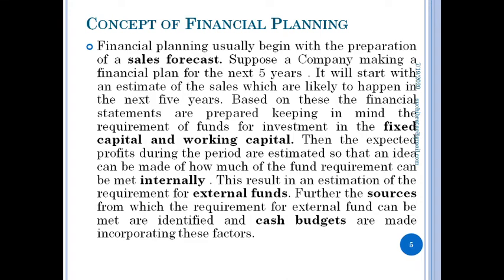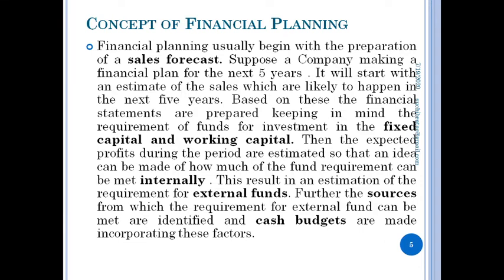Based on this, the financial statements are prepared keeping in mind the requirement of funds for investment in the fixed capital and working capital. Then, the expected profits during the period are estimated so that an idea can be made of how much of the fund requirement can be met internally.